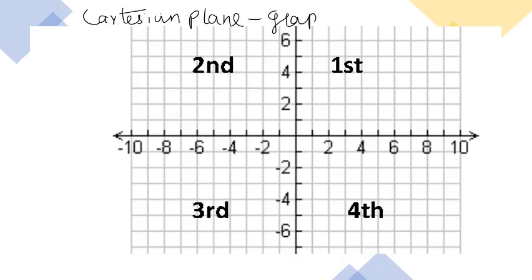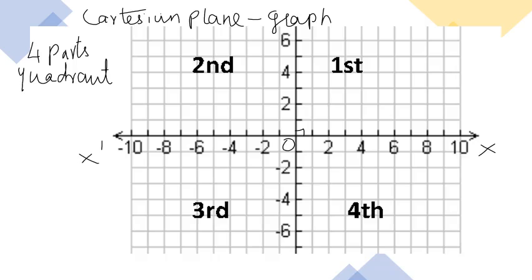The graph sheet is divided into 4 parts, and the 4 parts are called quadrants. You already learned all this in grade 8th and 9th. X dash represents the negative x side, and y dash represents the negative y side, where the ordinate of the coordinate point is negative.